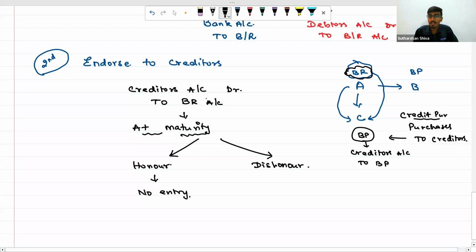If it is honor, no journal entry in the books of A. The journal entry will be in the books of C. Why are we not putting the entry for A? It is not actually collected by A, it is actually collected by C. In C's books, we have a honoring entry.